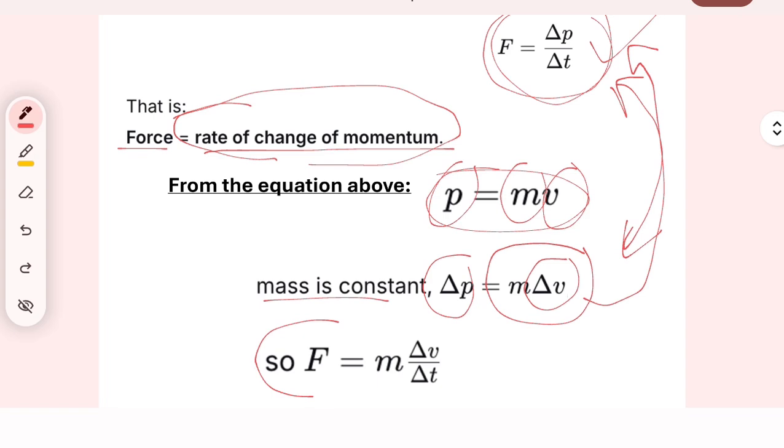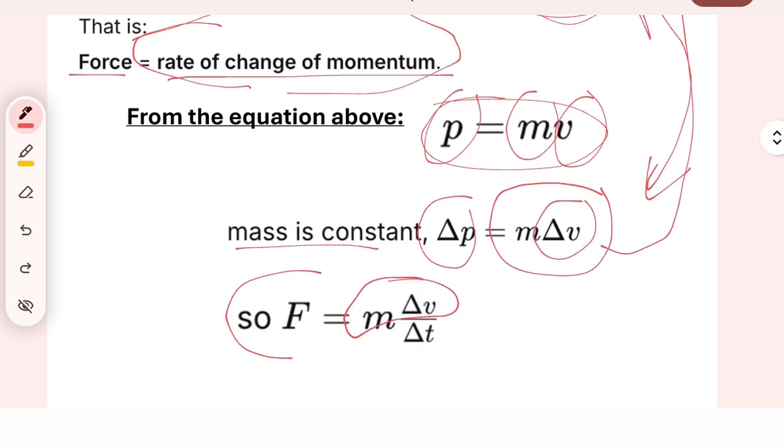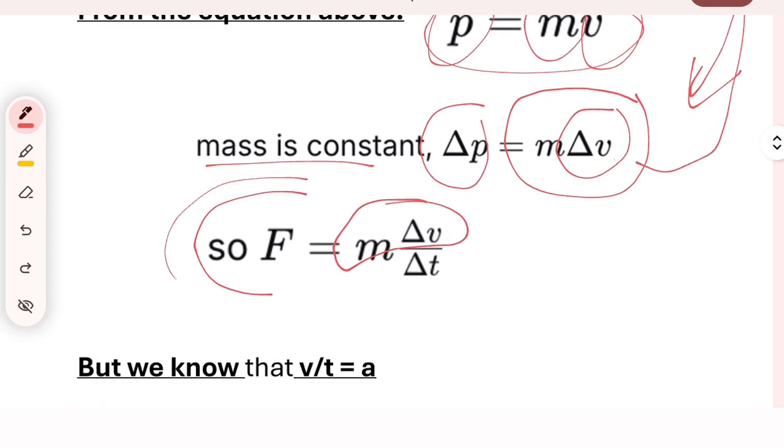So the force would be the mass times the change of velocity over the change of time. We simply combine the formula of the momentum and the second law of Newton, so we have force is equal to the mass times the change of velocity over change of time.